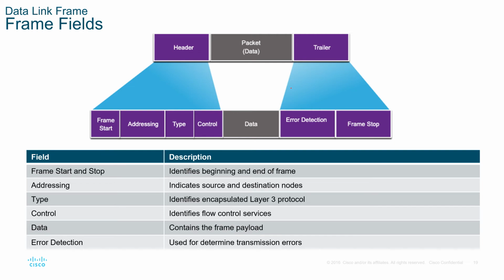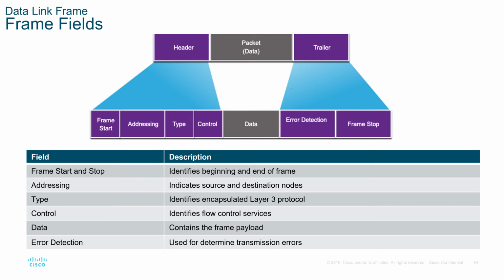At the end of the start frame, it may go from a single one to two ones in sequence, therefore notifying the system that the next piece of data is part of the addressing. The addressing here is layer 2 addressing, media access control addresses, 48-bit MAC addresses in Ethernet.